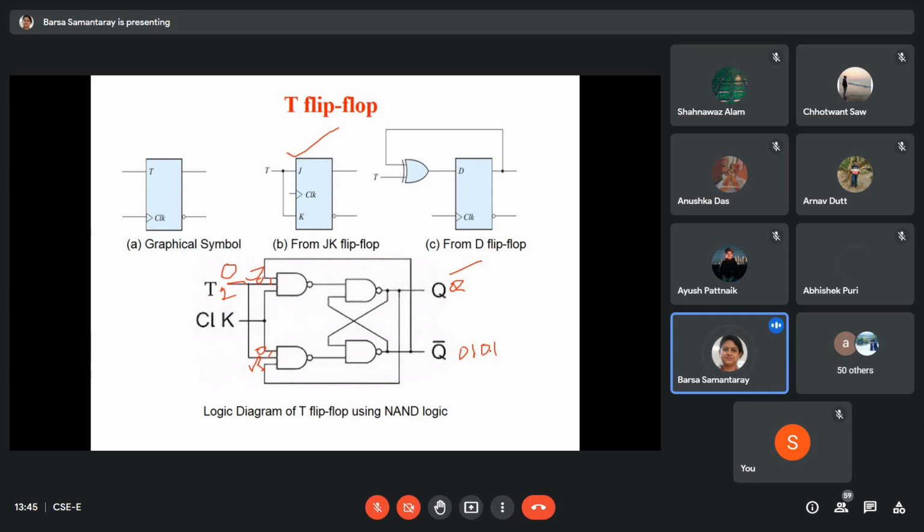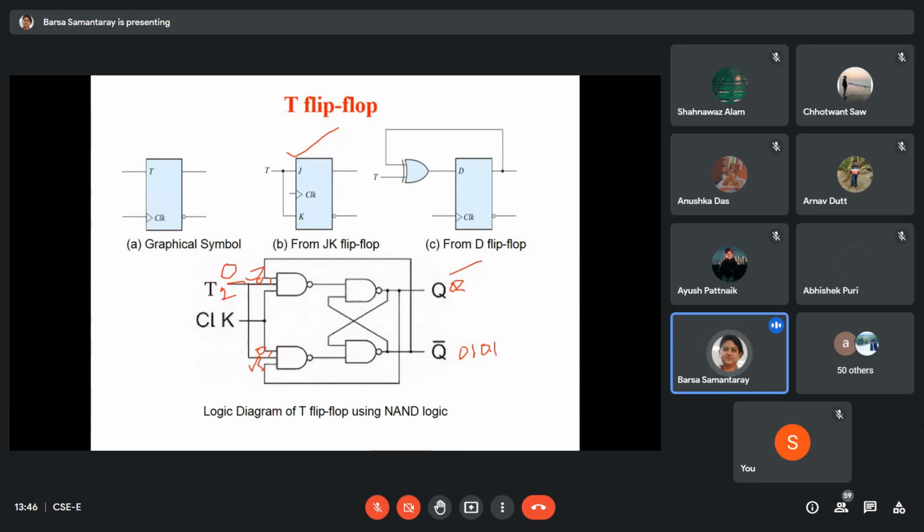So if race around condition occurs in case of JK flip-flop, that means if it toggles very frequently, then we can't say at a particular point whether it is 0 or 1. So to avoid that, we use two JK flip-flops cascaded to each other, and that is known as the master slave flip-flop.